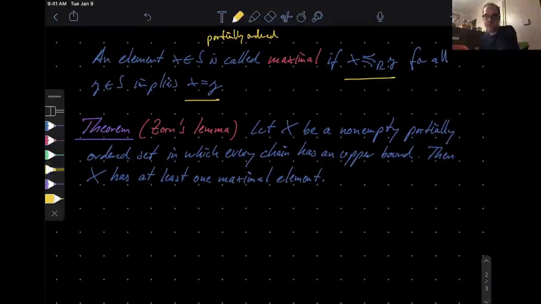This discussion about how to prove this is completely beyond the scope of this class. If you have some time, you can look up that Zorn's lemma is equivalent to the axiom of choice. So loosely speaking, you have a bunch of non-empty bins, and then you can select at least one ball out of those bins.